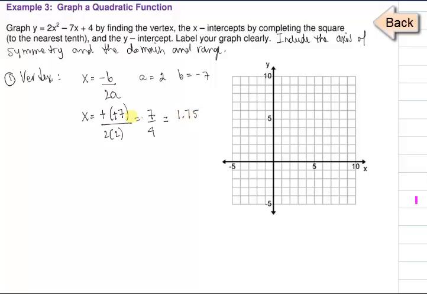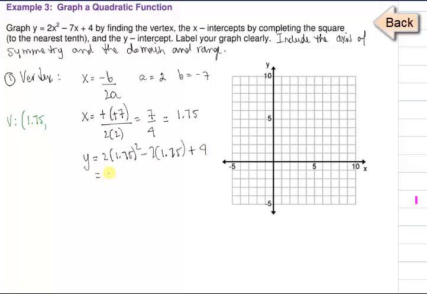So for my vertex, my x-coordinate is 1.75. I want my y-coordinate, and I'm going to get that by substituting x back into the original function. So 2 times 1.75 squared minus 7 times 1.75 plus 4.